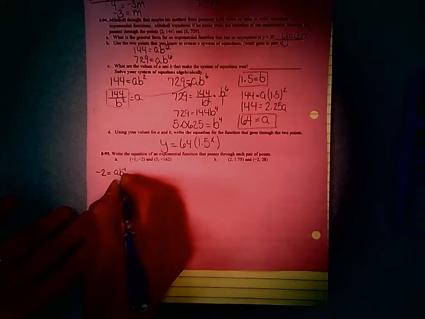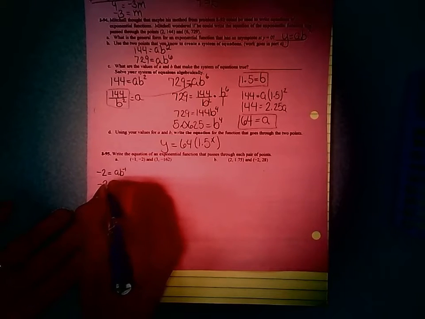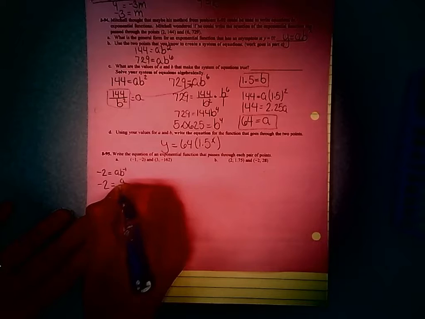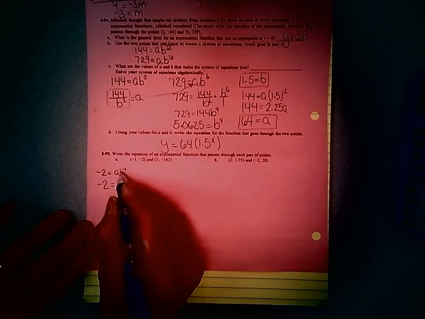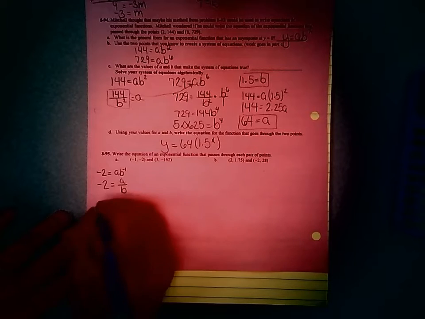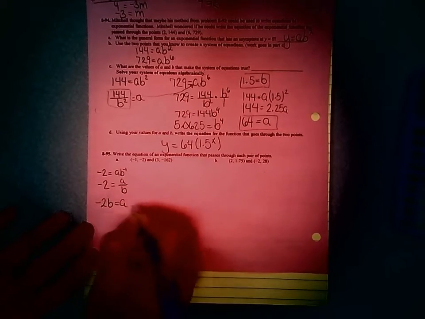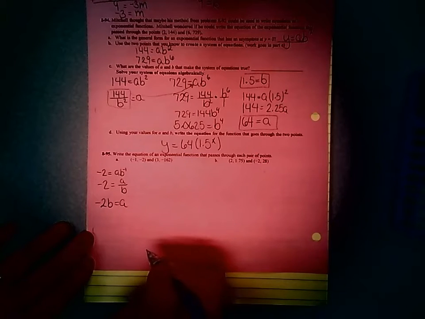So if it's to the -1, does that mean a equals a over b? Because I'm going to take the reciprocal and it's going to become positive, so that's -2b is equal to a. This one might be a little bit easier than we thought.